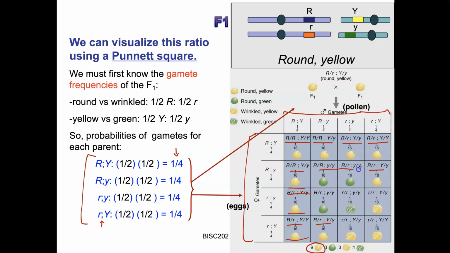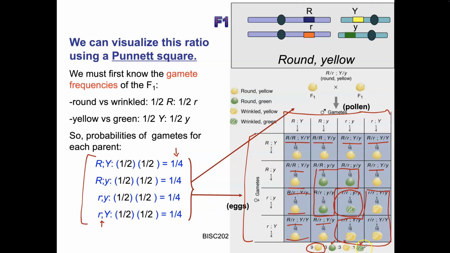And then these ones are all round, but they are green. So they have the dominant for one, but the recessive for the other. So that's these ones. And then these ones here, they have the recessive for the first one, but the dominant for the second one. And there are 3 of those, 3/16. And then there's only just one that is recessive for both.